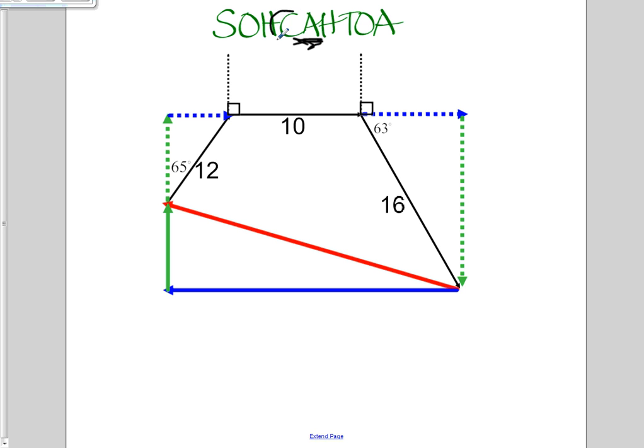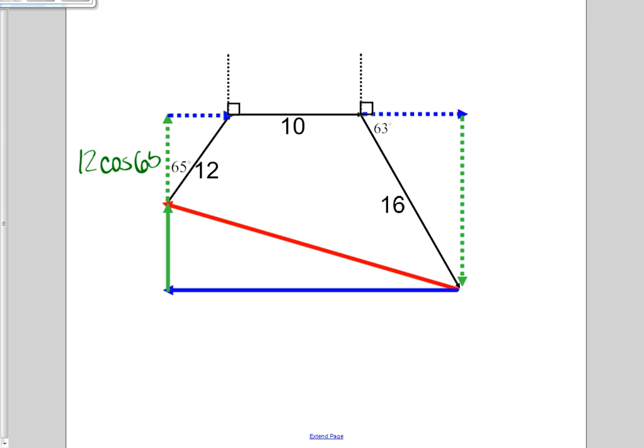And so that means I'm going to be using cosine to figure this piece out, just talking specifically about this one right here. So let me write this out for you, and we'll start with this 12 and then the cosine of 65. And then I'm going to continue that process for the other three pieces that I have on here.